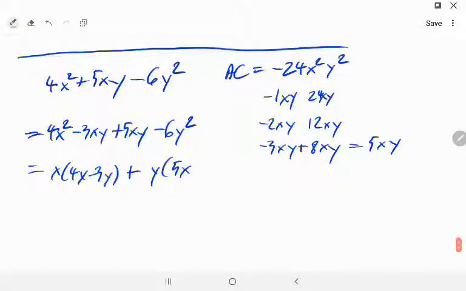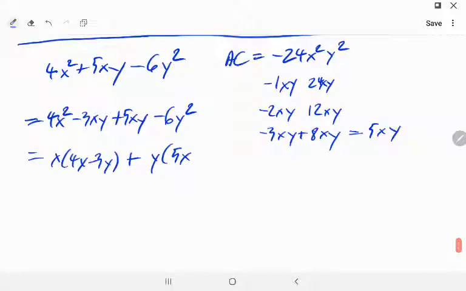You notice, what did we do wrong? I wrote negative 3xy plus 5xy, it was supposed to be negative 3xy plus 8xy. So always be careful of transcription errors. That is not good. Transcription errors are always bad.